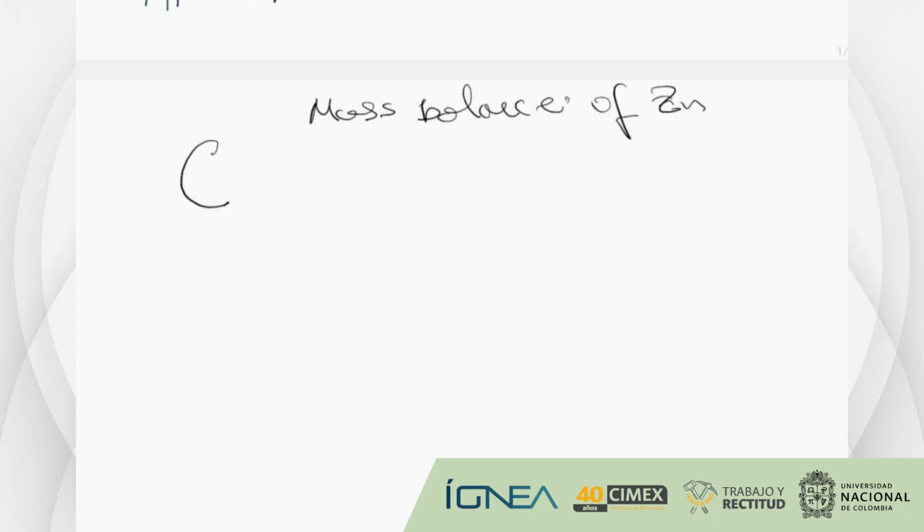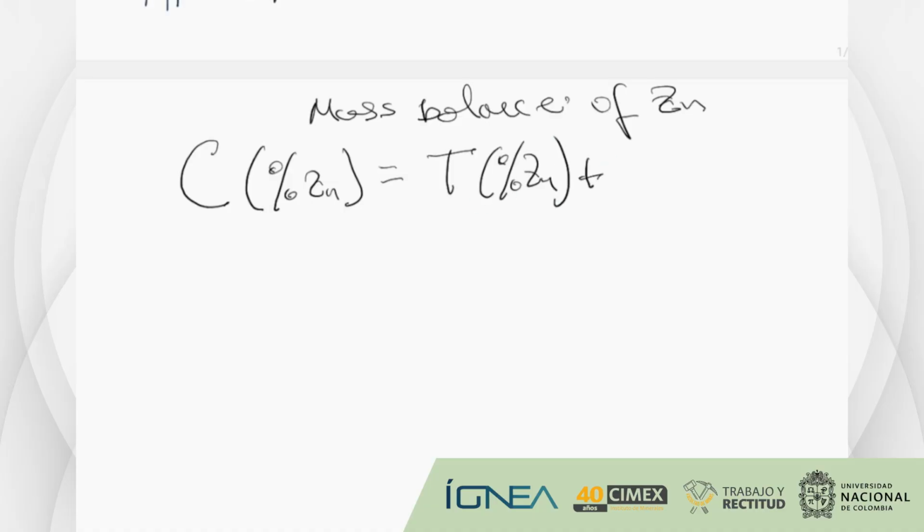The percentage of zinc in the concentrate is equal to the percentage of zinc in the roasted mass plus the percentage of zinc in the dust.